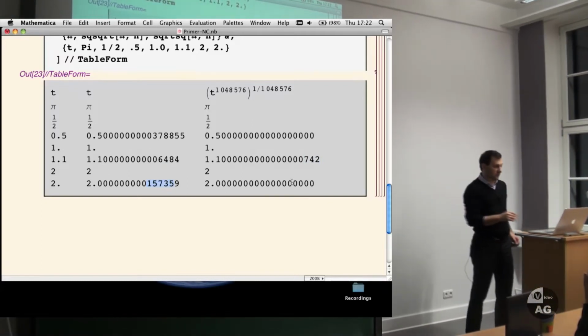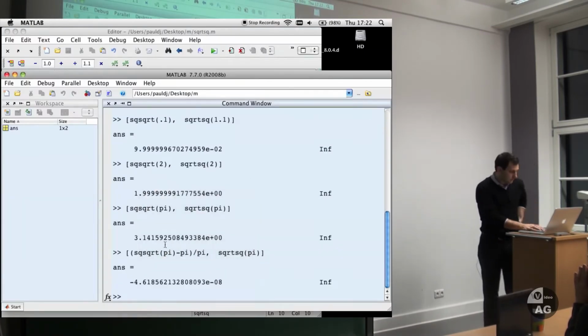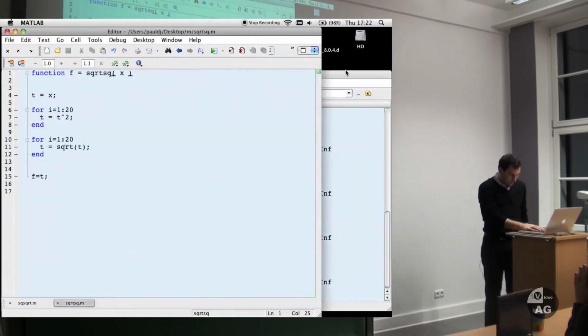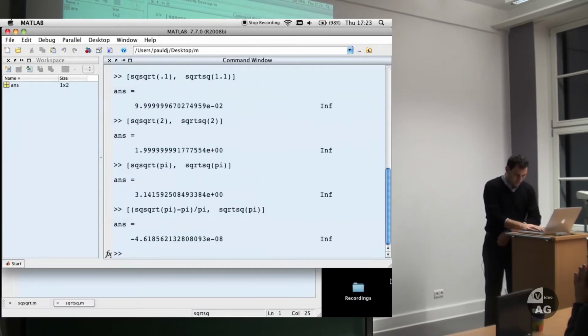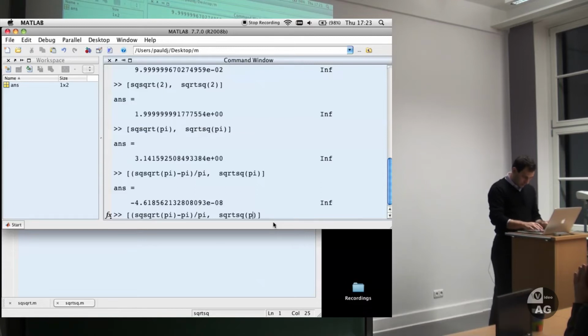Now I want to show you something. Let's compare these numbers with MATLAB. Let's move MATLAB here. Let's try MATLAB with 0.5.